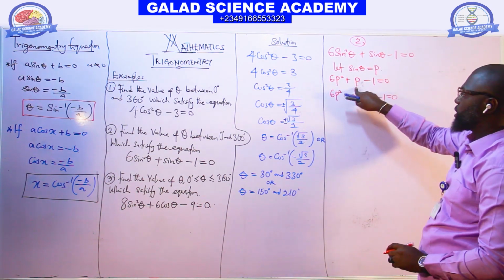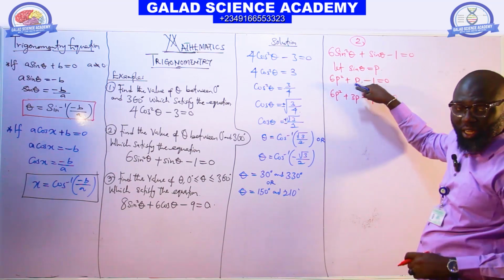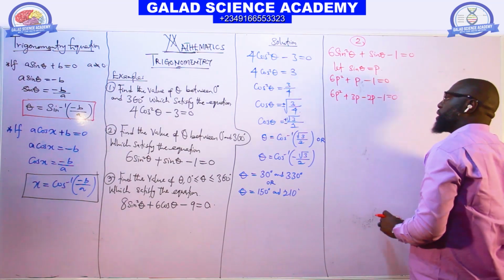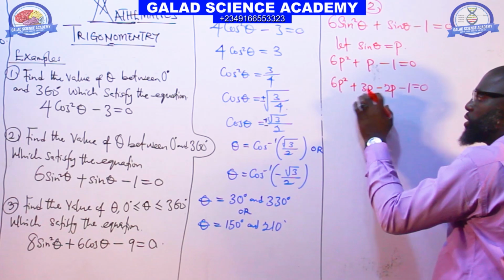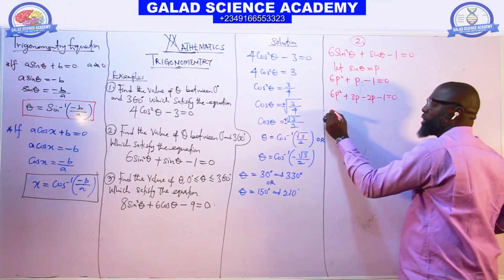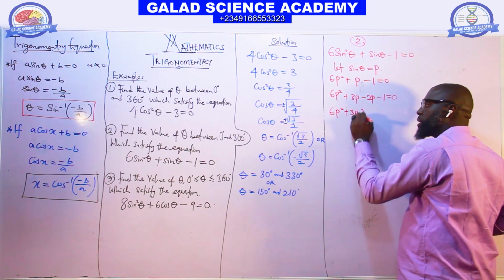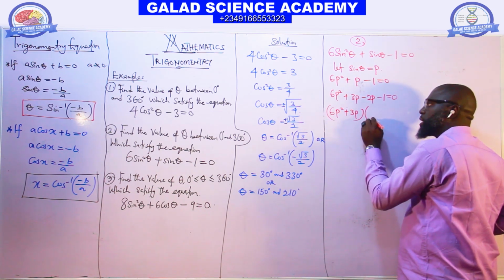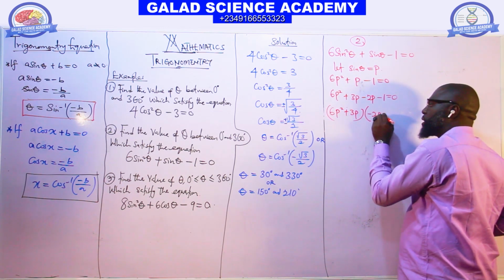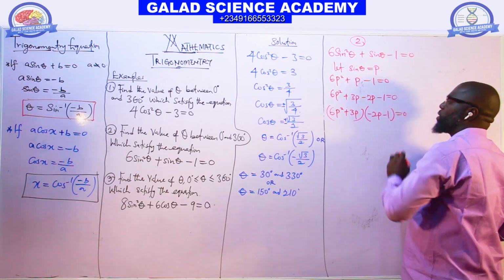Or you can apply your quadratic formula straight. By factorization, we now have 6P squared plus 3P in a bracket, then minus 2P minus 1 equal to 0.